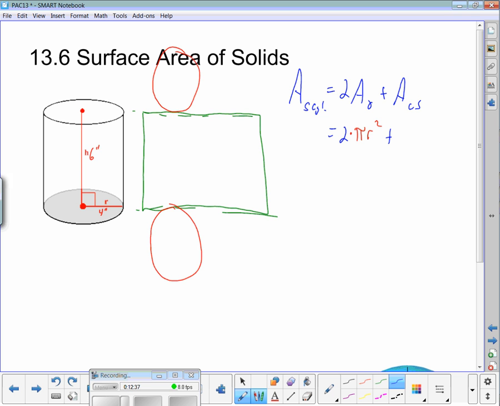I need a formula for the area of the lateral surface. Adam? What kind of shape is the lateral surface? What's the formula for area of a rectangle? Base times height. I agree. That's what we need to do to figure out the surface area of our cylinder.